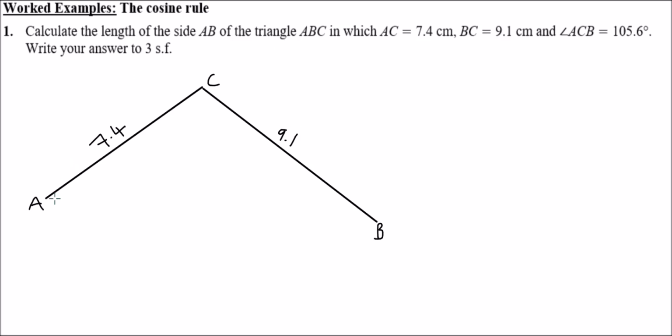Now I'm just going to draw up the missing side, just to complete the triangle. We're also told that angle ACB, the angle at C, is 105.6. So I'm just going to draw this in here. This angle is 105.6 degrees. So we want to find AB.